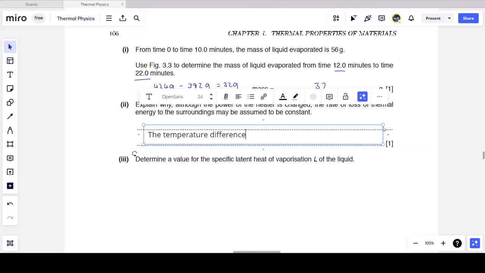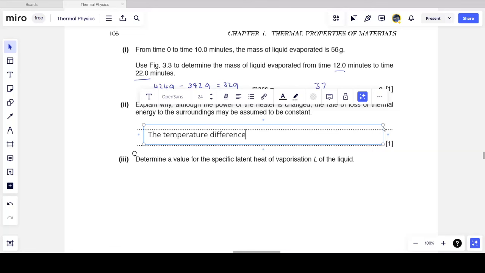Whenever I want to find latent heat of vaporization, I turn to my equations for thermal energy. I have one equation that contains a specific latent heat and another that contains a specific heat capacity. I'm only looking for the latent heat of vaporization, so I don't need the heat capacity equation here.